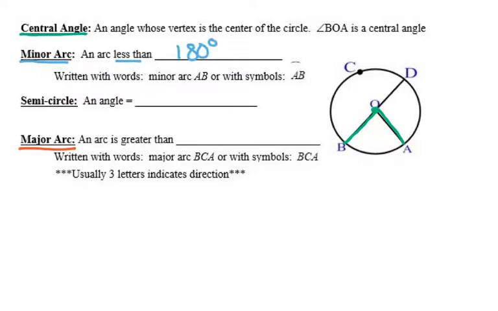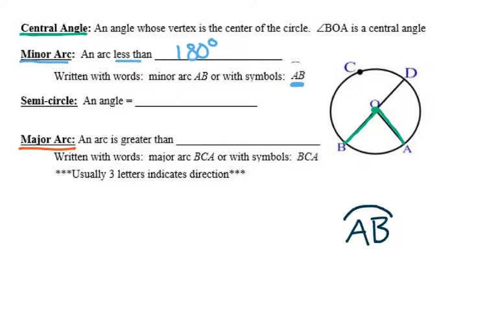In written words, we would say minor arc AB, or we can represent arcs with symbols. I could also do it as arc AB, which is just write the AB and put the symbol of an arc over top of it. So that's minor arc AB written in symbols.